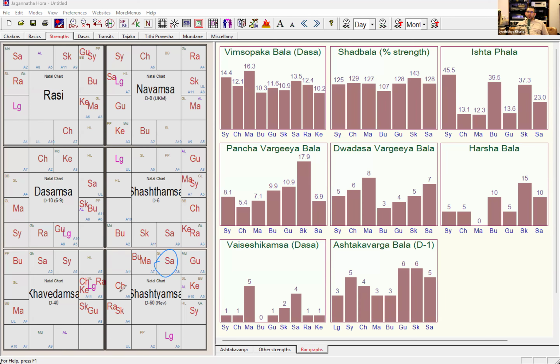So the body parts are also defined by these grahas who are there, not just looks. The quality of the part is also defined by these grahas.